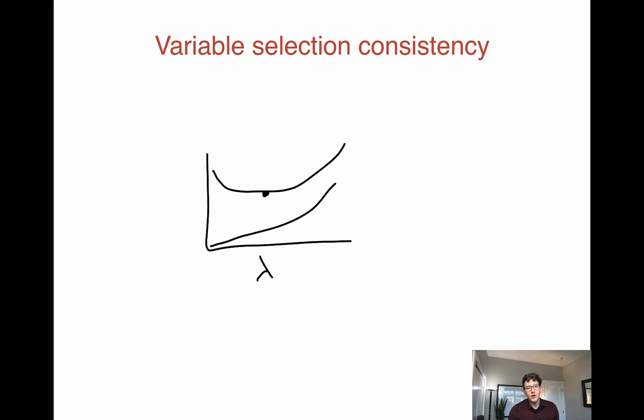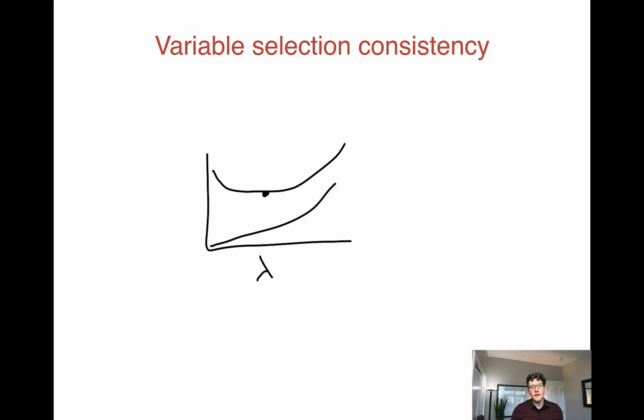We expect this to be U-shaped because, just like in the L2 case, our lambda helps us trade off the complexity versus expressivity of our model.